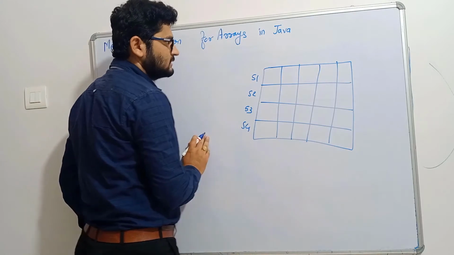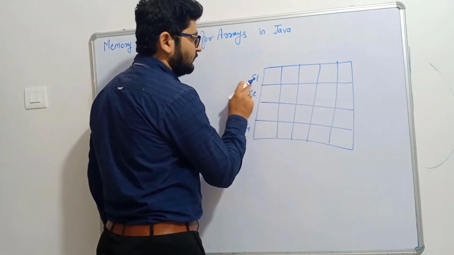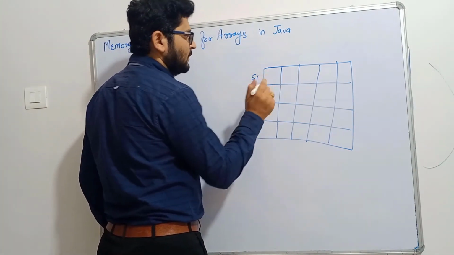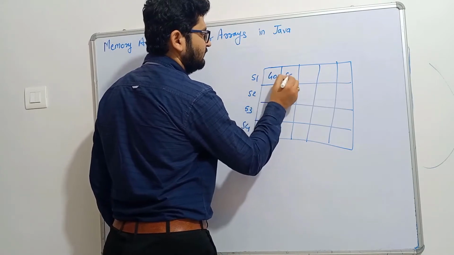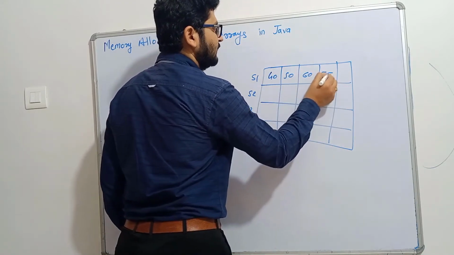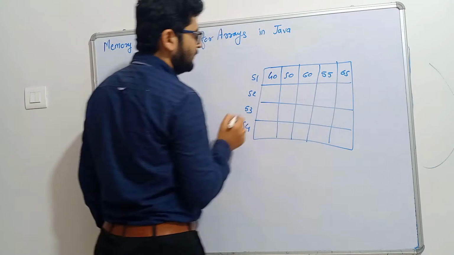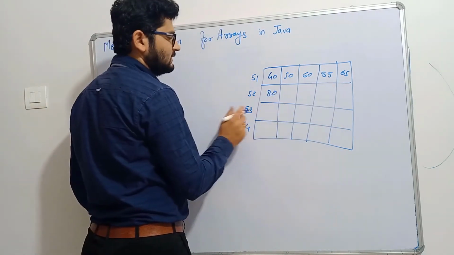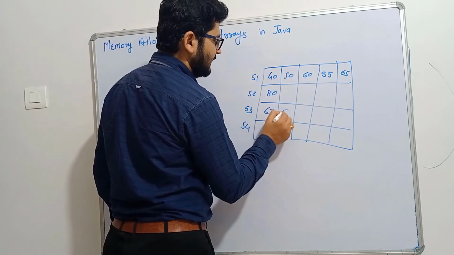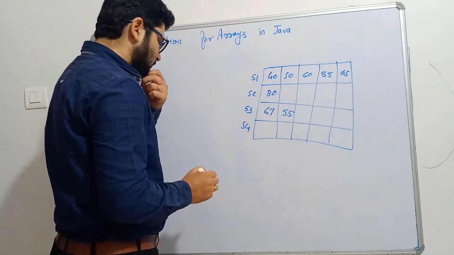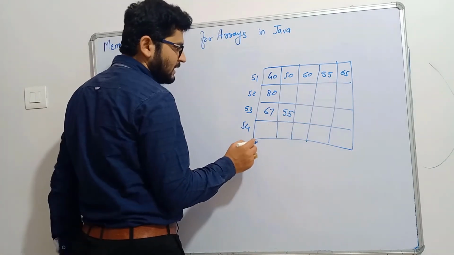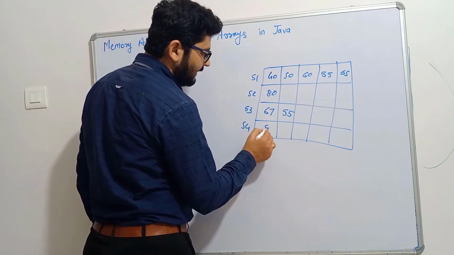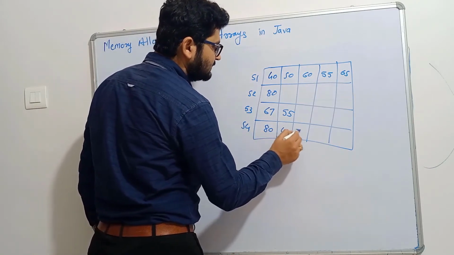Now for student 1, I have to store 5 marks. So let us suppose 40, 50, 60, 55 and 65. For S2, I have to store, let us suppose, 80 marks. For S3, let us suppose I have to store 67 and 55. And for S4 I have to store 3 marks, that is nothing but 80, 40 and 70.